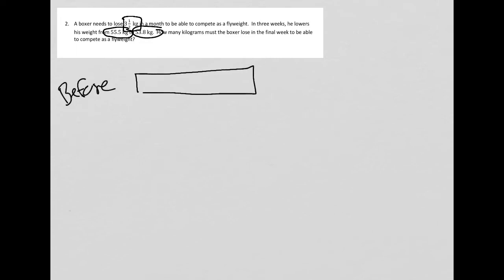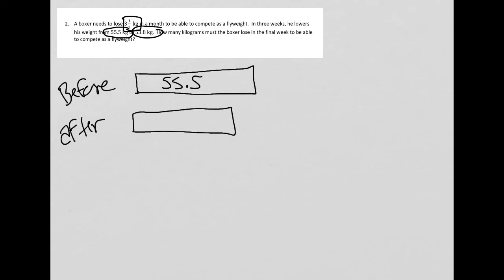In 3 weeks, he lowers his weight from 55.5 kilograms to 53.8. So I can think of this as kind of like before he weighed 55.5 and after he weighed 53.8.